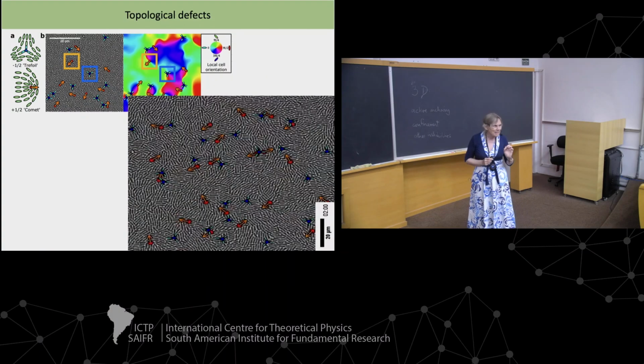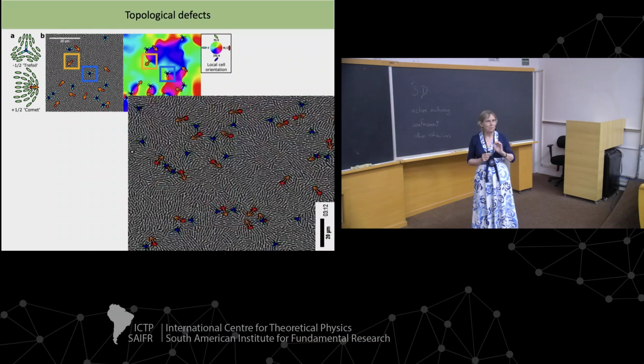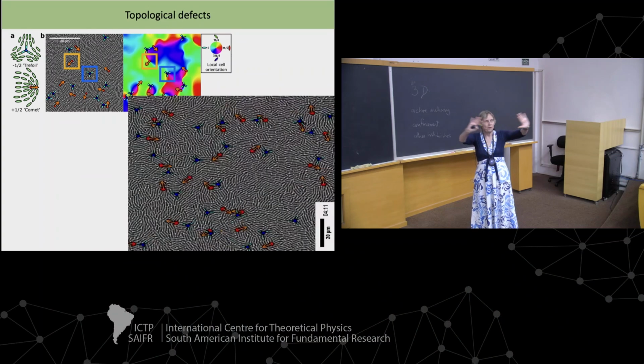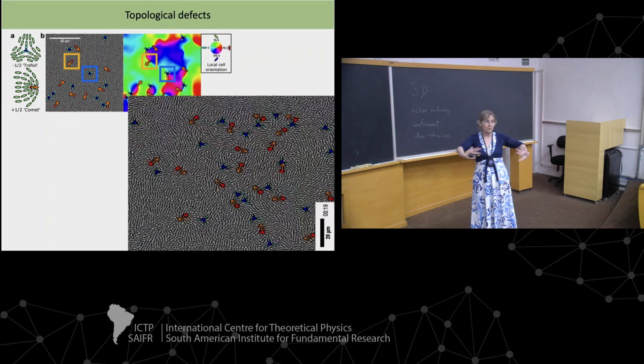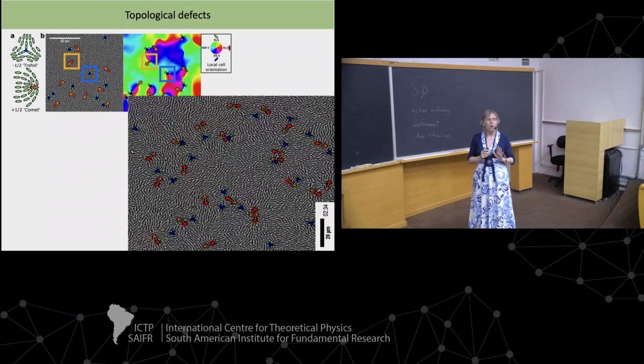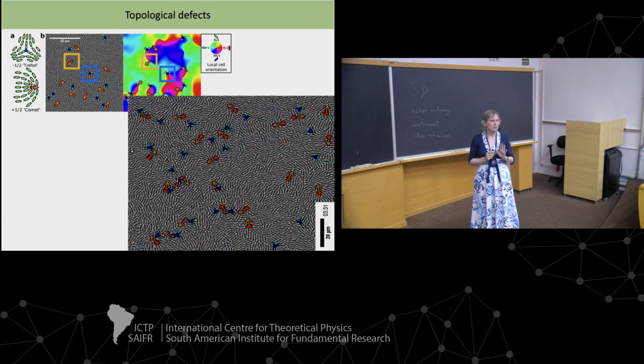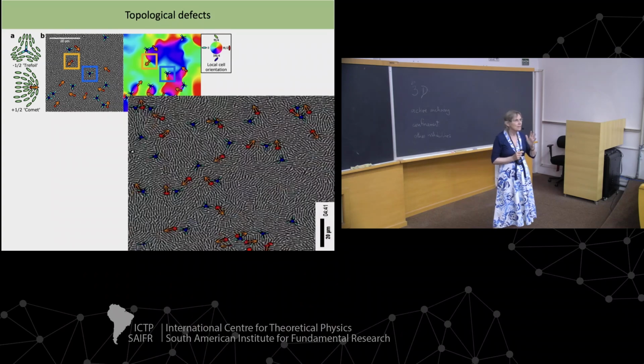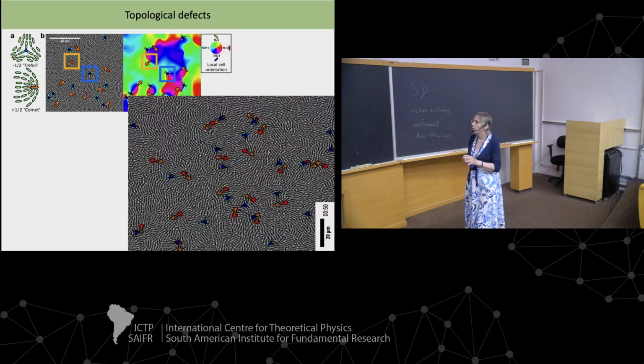And strictly, they're not topological, because for a real topological defect you need long-range order. And here we've only got short-range order, but people always talk of them as topological defects because they have the right director structure around themselves.